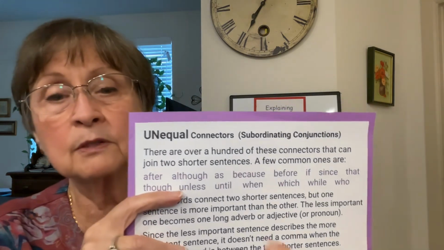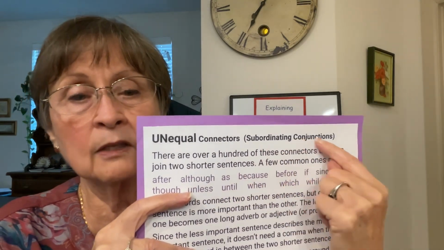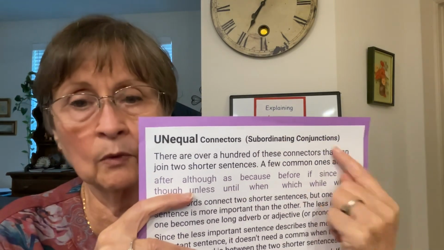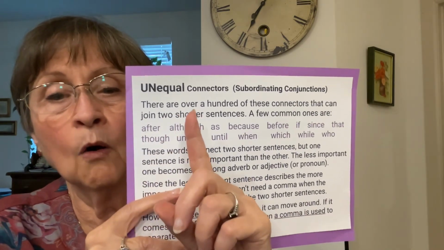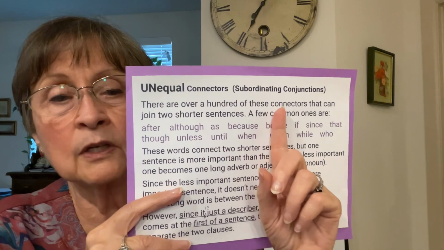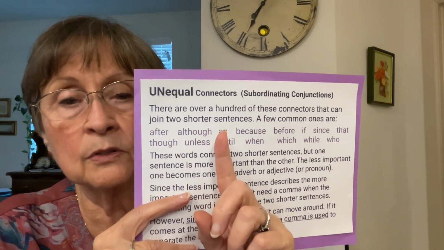Now we have the unequal connectors, and for those of you who want formal grammar, I'll call them by their names just at the beginning. The unequal connectors are subordinating conjunctions. I don't teach that word for my English classes. There are over 100 of these connectors that can join two shorter sentences.